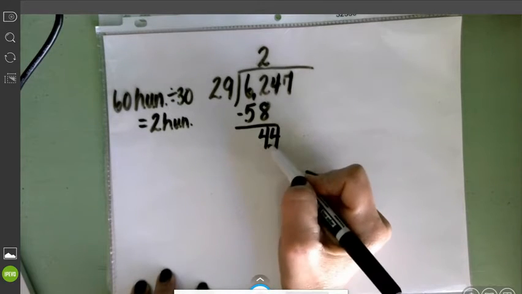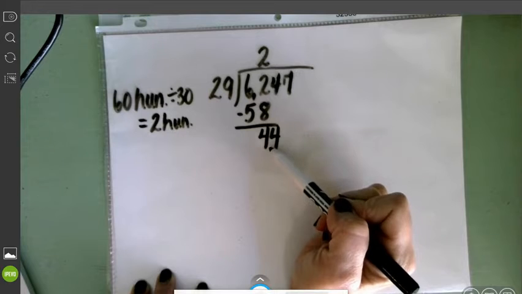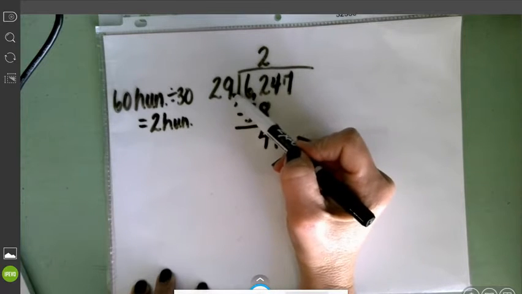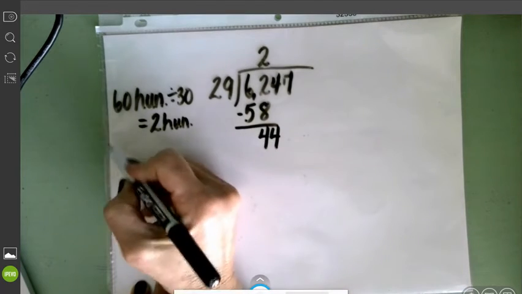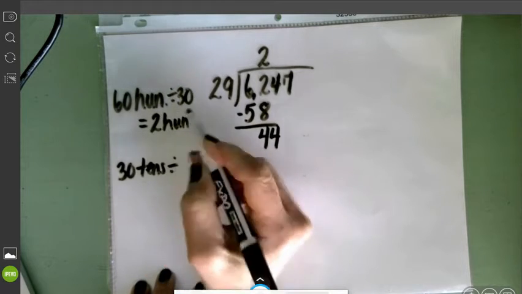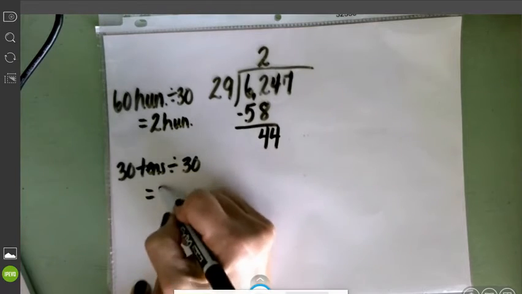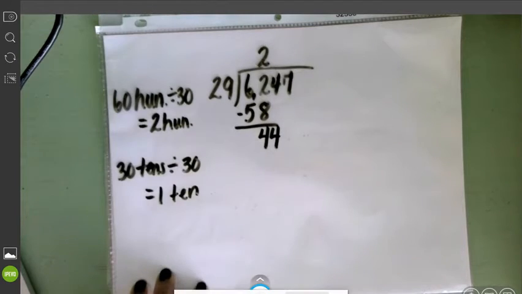Since there is nothing that can be divided by 29 exactly into 40, I'm thinking to myself, this is really close to 30, and I'm going to have to estimate this to be 30 tens divided by 30, which is going to leave me with 1 ten.